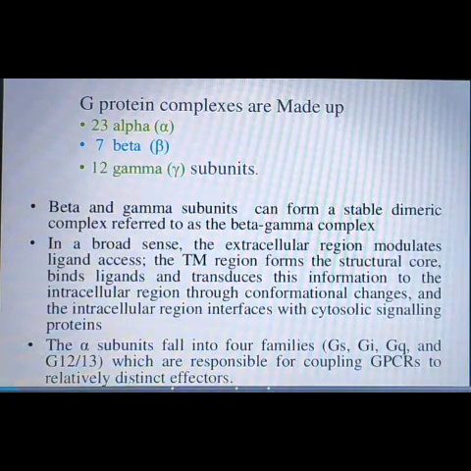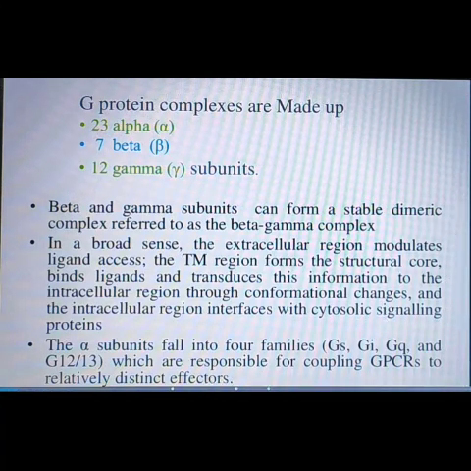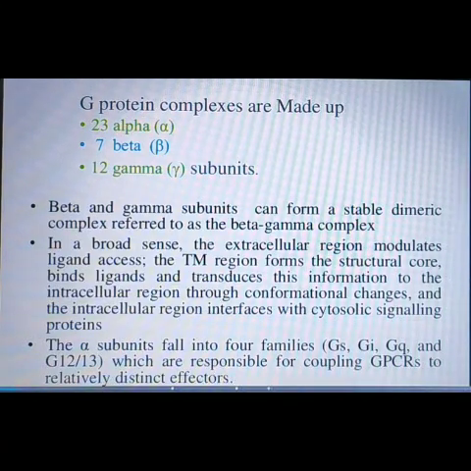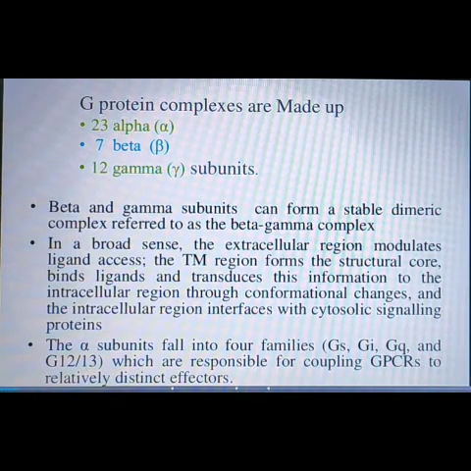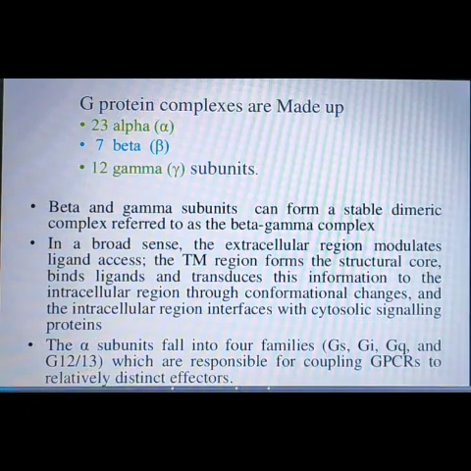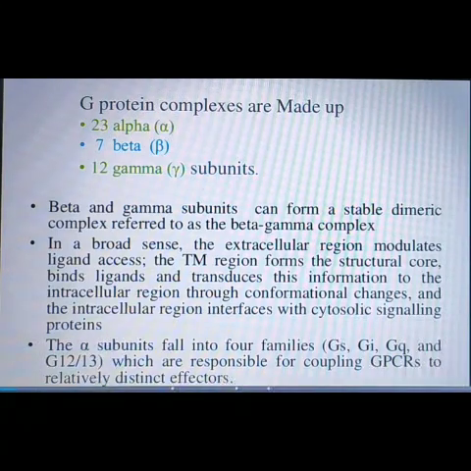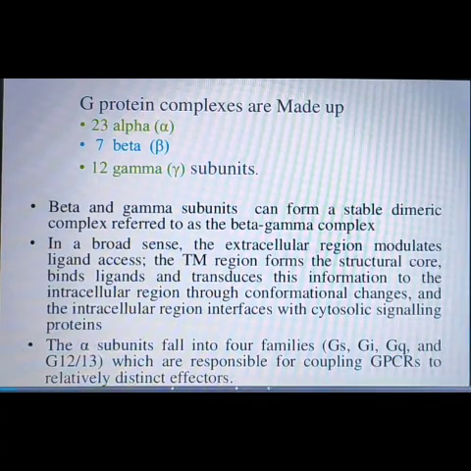In the broad sense, the extracellular region modulates ligand access. The TM region forms the structure that binds ligands and transduces the information to the intracellular region through conformational change, and the intracellular region interfaces with the cytosolic signaling proteins.